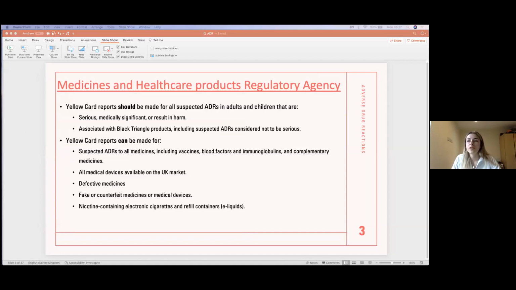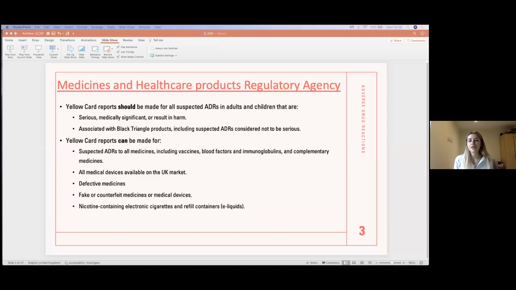So an important agency to know the name of is the MHRA, the Medicines and Healthcare Products Regulatory Agency. They are responsible for the monitoring of the safety of all medicines marketed in the UK. They encourage practitioners or any clinical staff to report all adverse drug reactions.